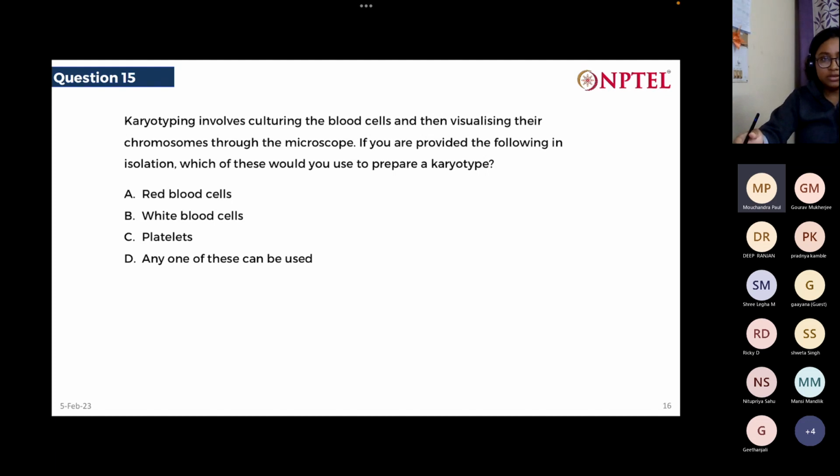So this question is based on the concept of karyotyping. Can anyone tell me what they mean by the term karyotyping? What does this term mean to you?